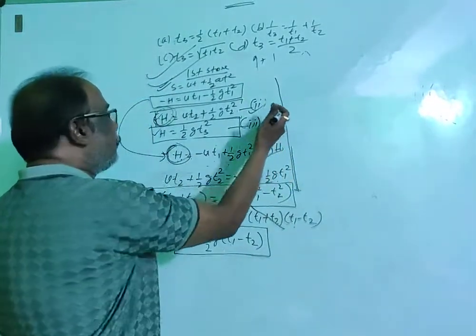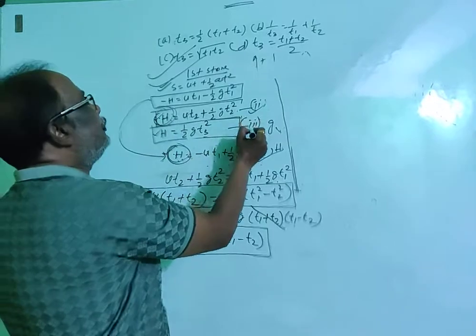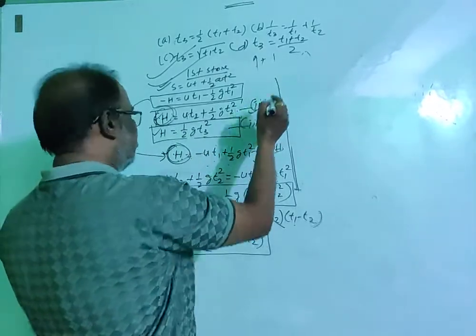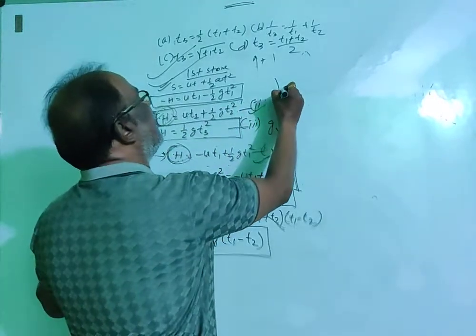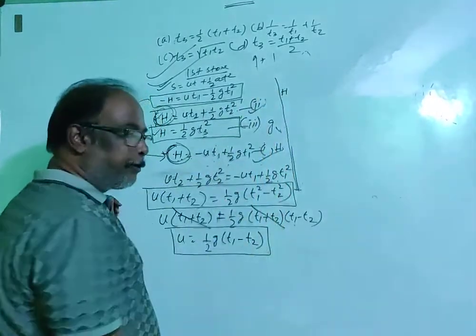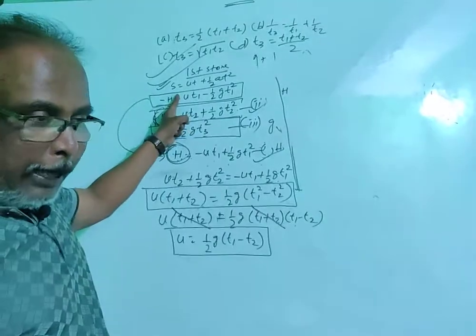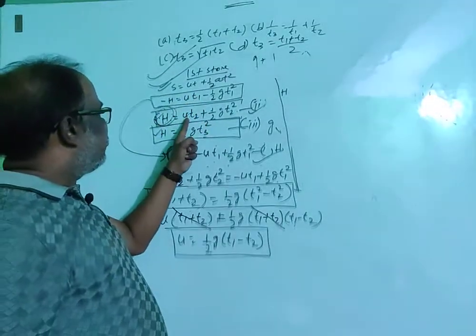So use it in equation 2. In place of h, this is h. In equation 2, h is equal to ut2 plus half g t2 square.